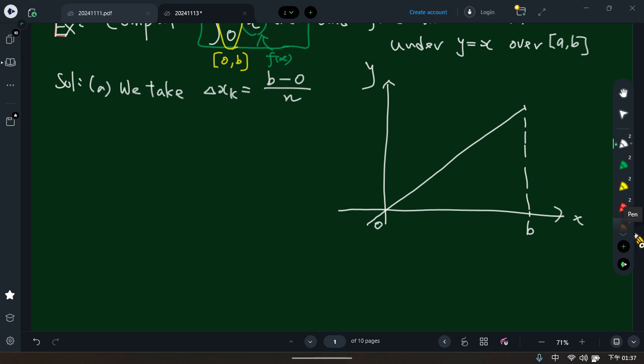So I divide it this way, and each piece is b over n, right?